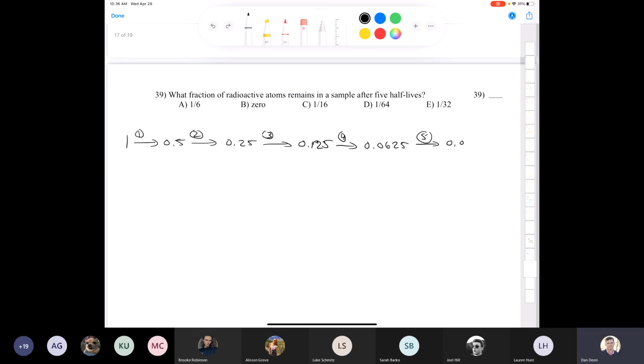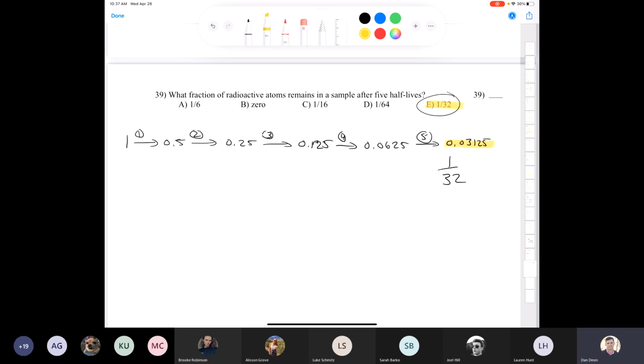And I was like, that's not right. So 0.03125. That's what I end up with at the end. If you take 1 divided by 32, you get that number. So this is 1 over 32. So you end up with 1/32 in the end.